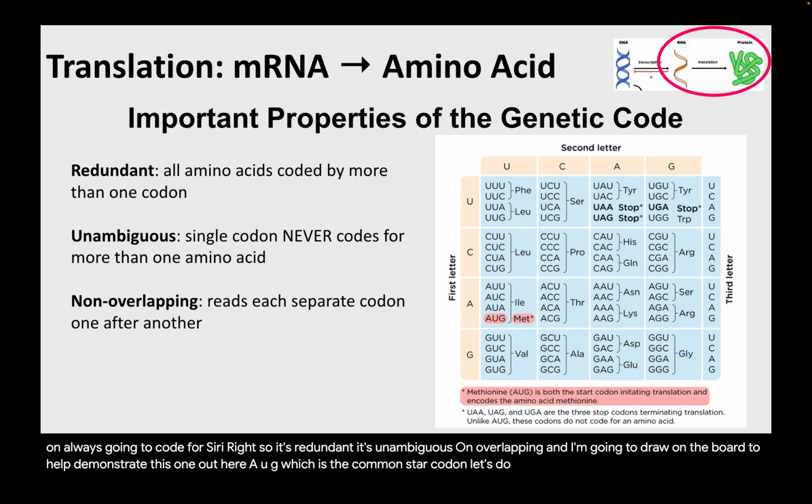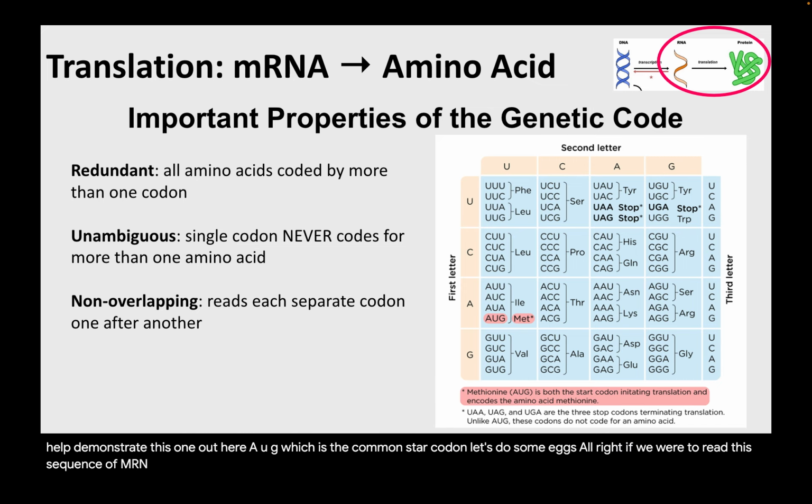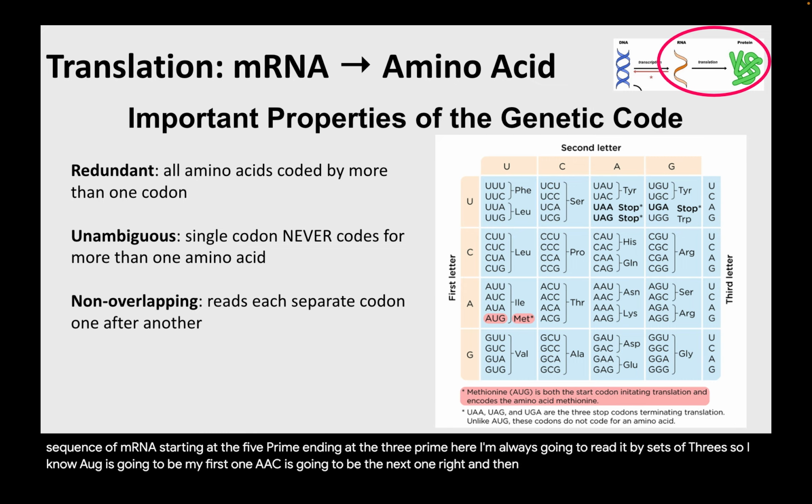Let's do some A's. If we were to read this sequence of mRNA, starting at the 5' and ending at the 3' here, I'm always going to read it by sets of threes. So I know AUG is going to be my first one. AAC is going to be my next one, and then you'll continue on.